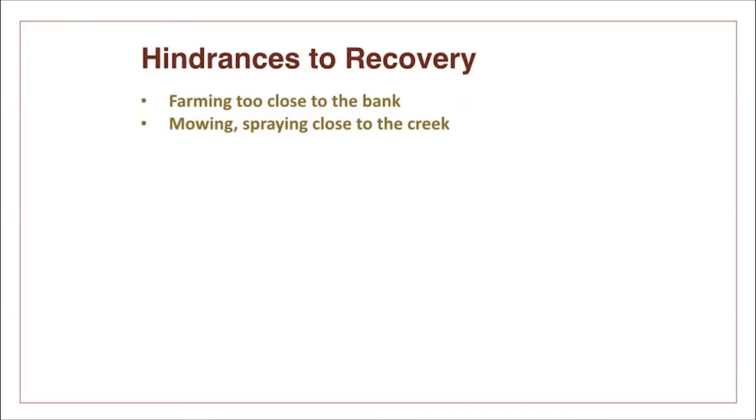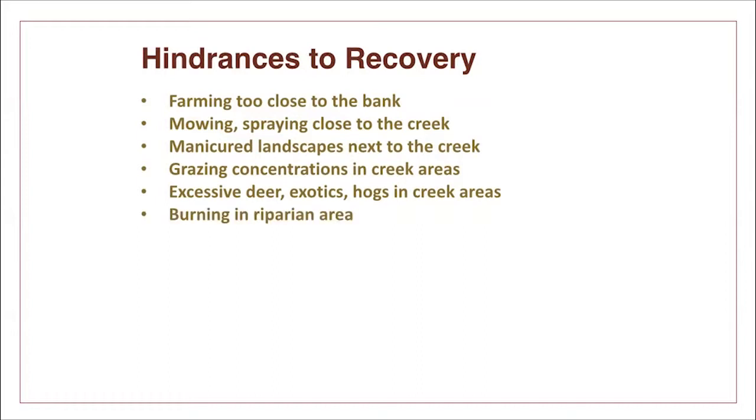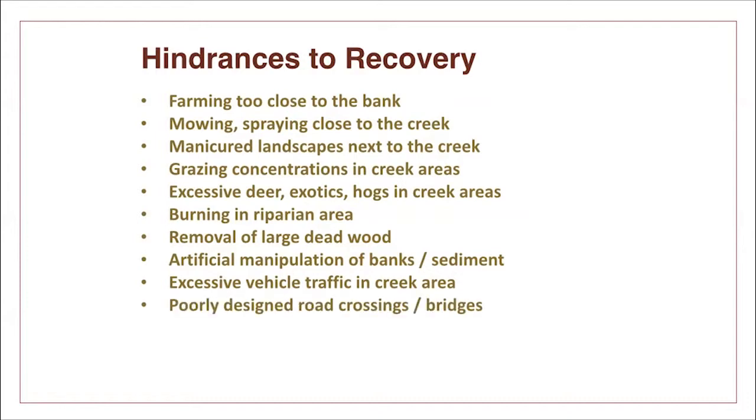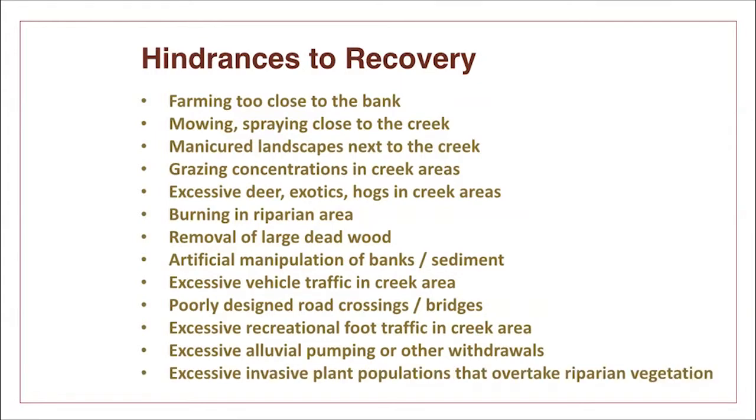Become familiar with the most common hindrances to a creek's function and recovery: farming too close to the bank, mowing, spraying close to the creek, manicured landscapes next to the creek, grazing concentrations in the creek area, excessive deer, exotics, or hogs in the creek area, burning in the riparian area, the removal of large dead wood, artificial manipulation of banks or sediment, excessive vehicle traffic in the creek area, poorly designed road crossings or bridges, excessive recreational foot traffic in the creek area, excessive alluvial pumping or other withdrawals, excessive invasive plant populations that overtake riparian vegetation.